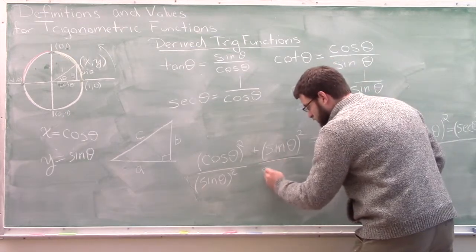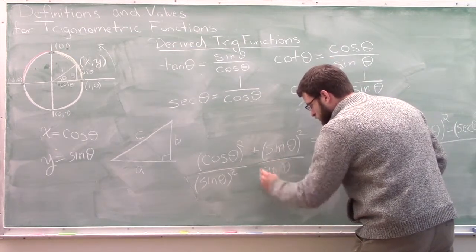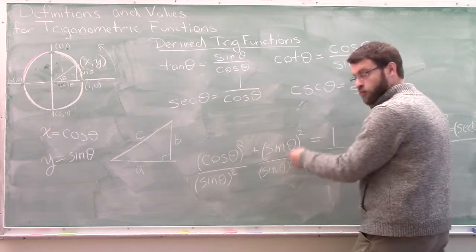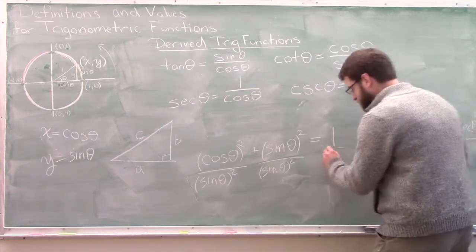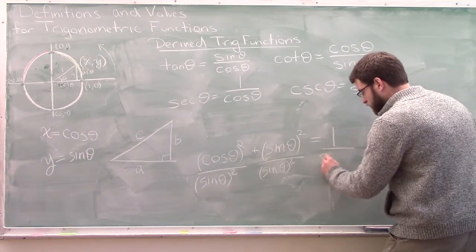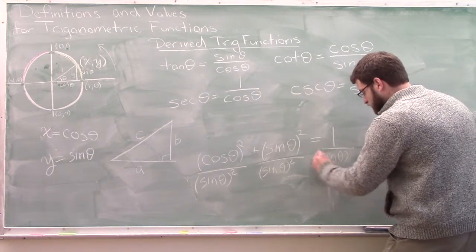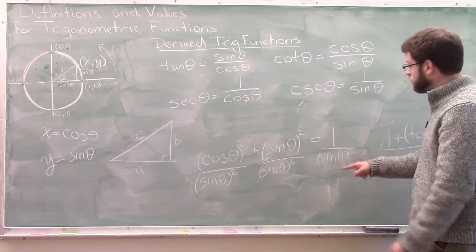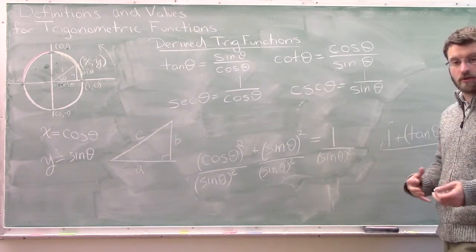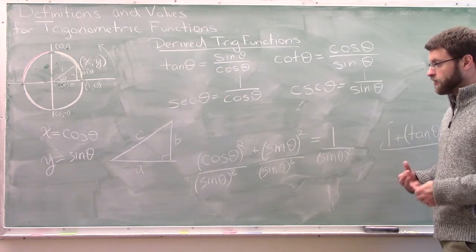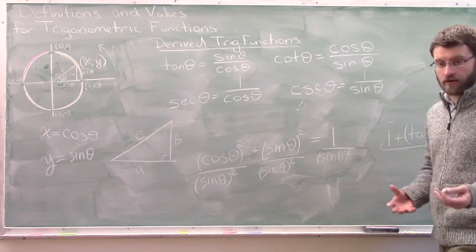Dividing the second term by sine squared, these cancel out perfectly. I'm left with 1. On the right-hand side, if we divide by sine squared, we get something that we can write in terms of cosecant. Right? So we get a different trigonometric identity. These 3 together are called the Pythagorean identities.